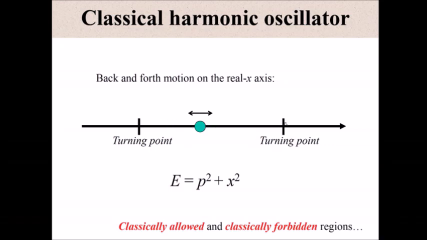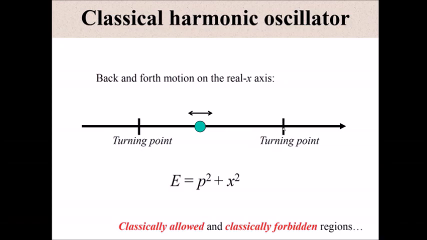It goes all the way out to a turning point where the spring is stretched maximally. Then it stops and turns around and goes back again, and it goes to the other maximum point and goes back and forth. So you have oscillating motion.